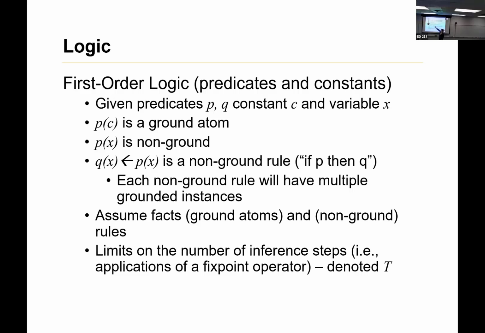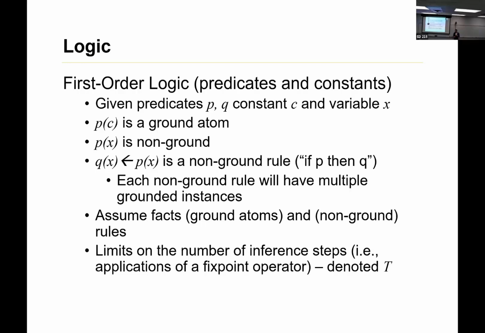We have rules that are of the form if P of X, then Q of X, and that's an example of a non-ground rule. We have facts. And everything here has been really right in line with the logic intro I gave a couple months back, except there is a limit on the number of inference steps. And this is a little bit of a departure.